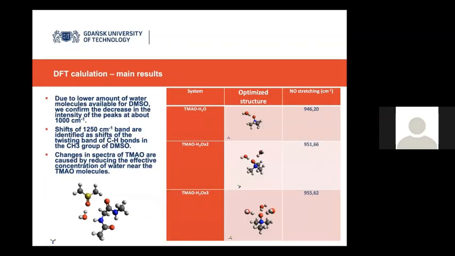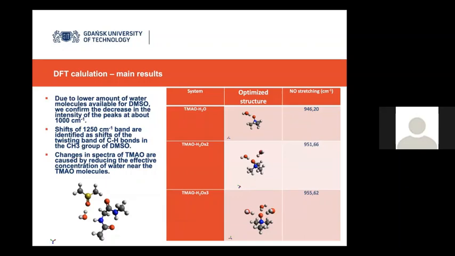As results of the DFT calculations, we confirm the decrease in the intensity of the peaks at about 1000 wave number due to a lower amount of water molecules available for the DMSO.